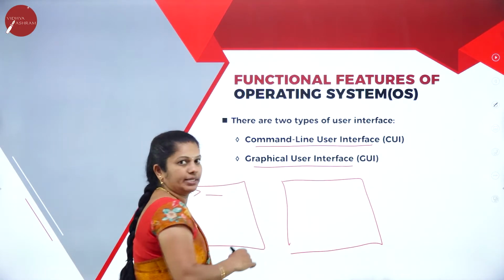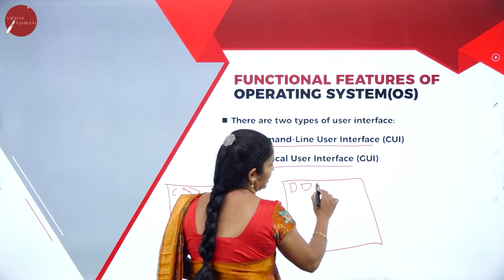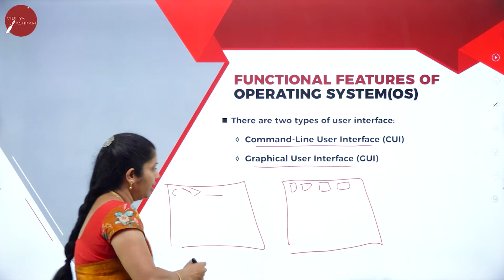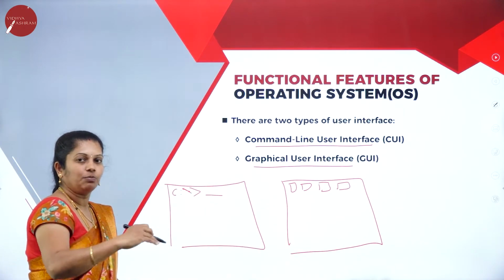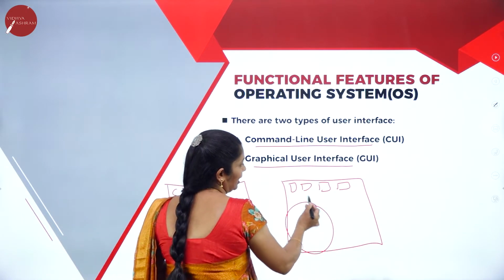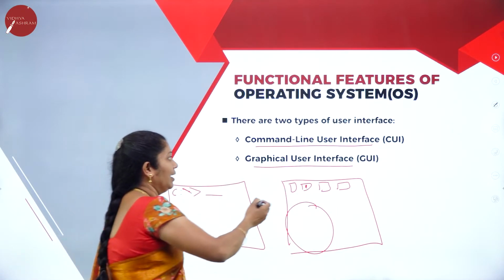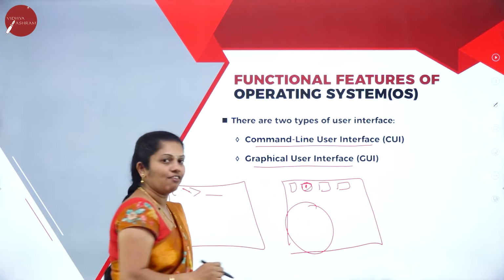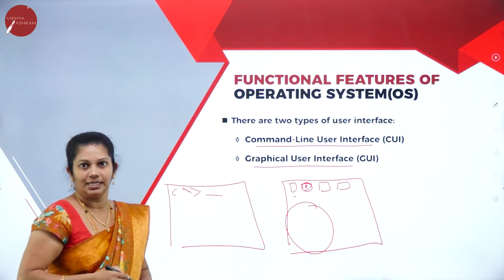Whereas in the graphical user interface, there is a pictorial, graphical representation. For example, here, if I want to copy some file, I have to write the copy command, from which place to which place. Whereas here, I can select the data and press the copy command. It means that here I have some graphic symbols, and if I click on that, I can copy the data.